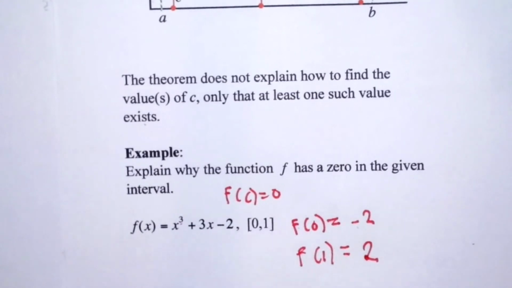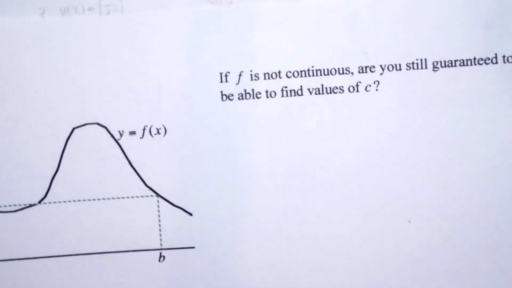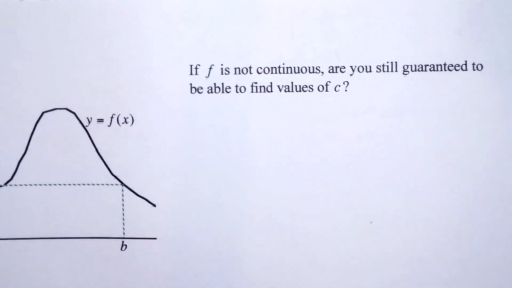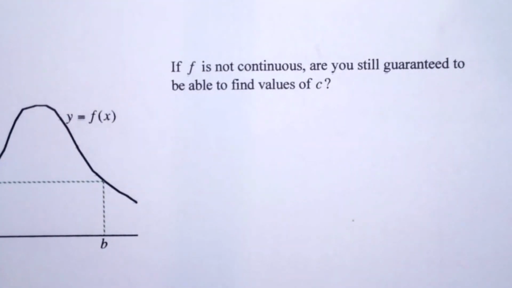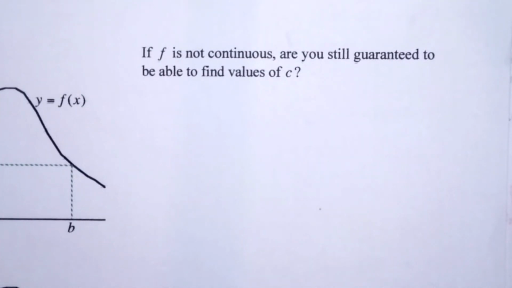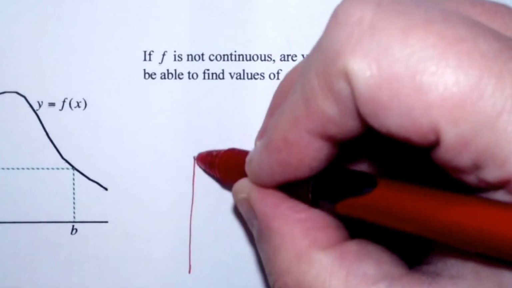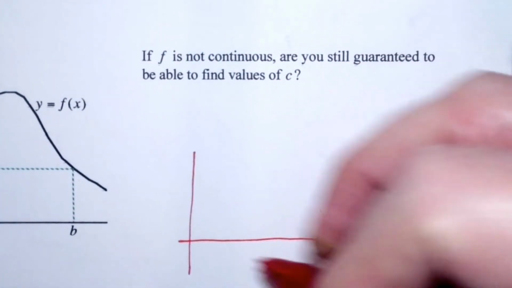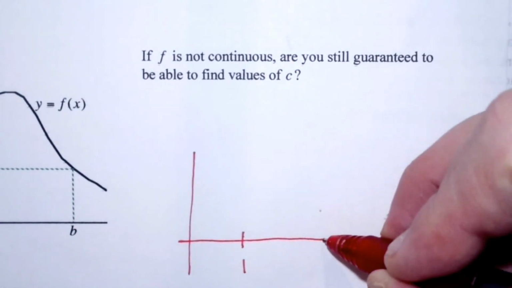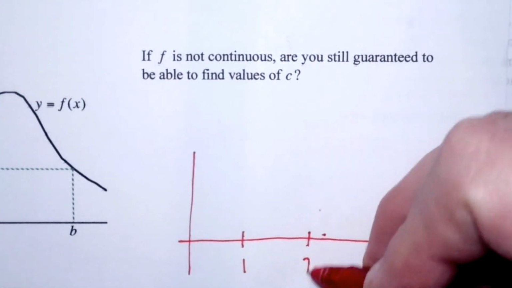And finally, just one more thing. If the function were not continuous, would you still be guaranteed to be able to find values of c? Let me give you a fairly simple example. Let's take a look at the interval, say, from 1 to 2.